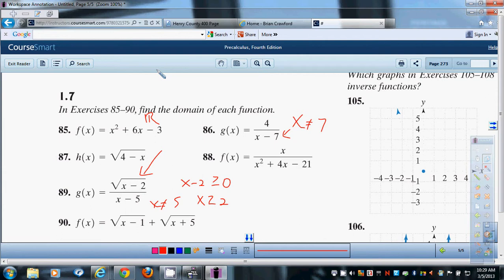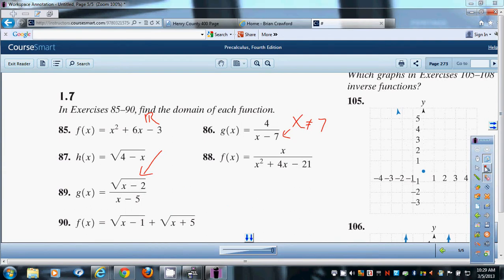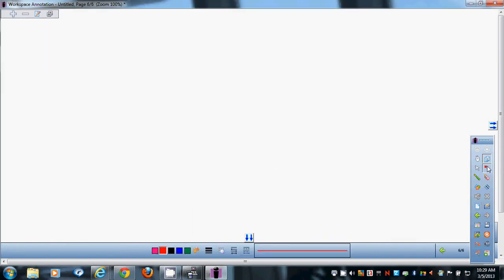Tell you what, let's do one like 90, because I just might be assigning that one later. So let's do one like 90. How about if you have a function like, let's see, f of x is the square root of x minus 3 minus the square root of x plus 2. You have to do them separately.